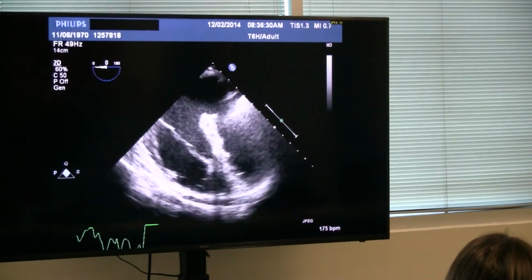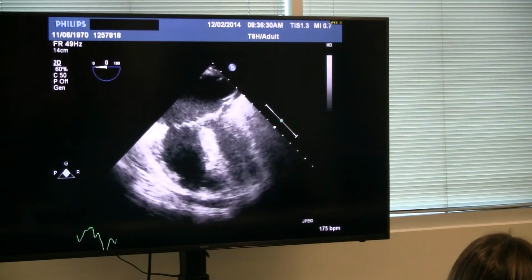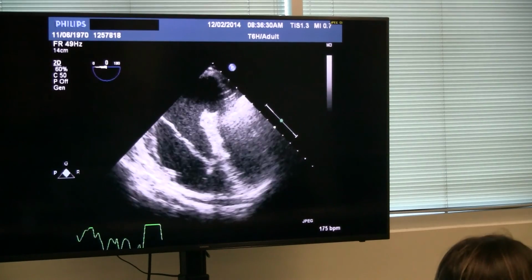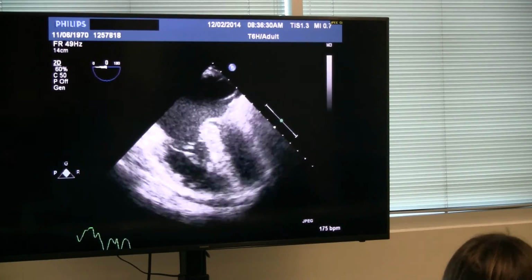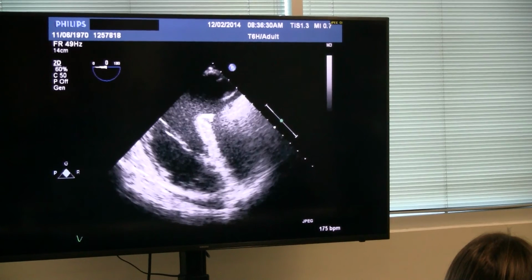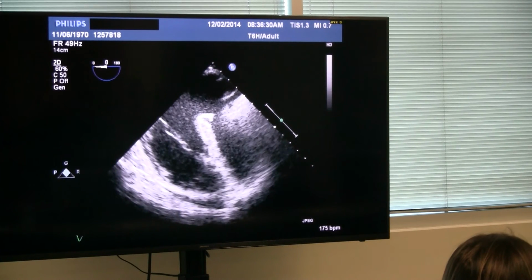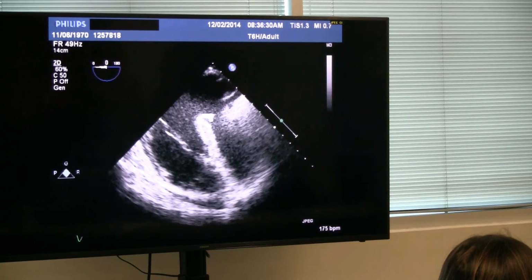On the echocardiography, the way to distinguish that, and one of the things that was not covered in the anatomy lecture, is that typically when you look at a normal heart, the tricuspid valve is a little bit more apically displaced than the mitral valve. They are not at the same level.